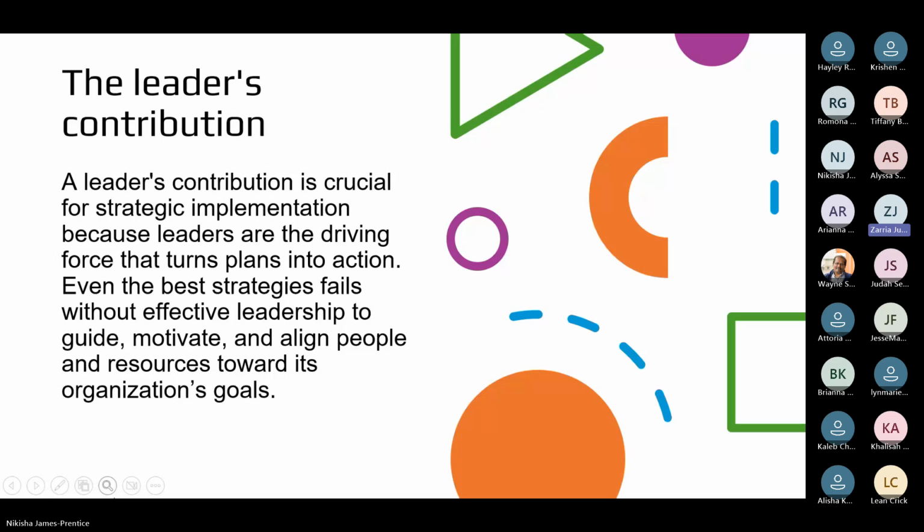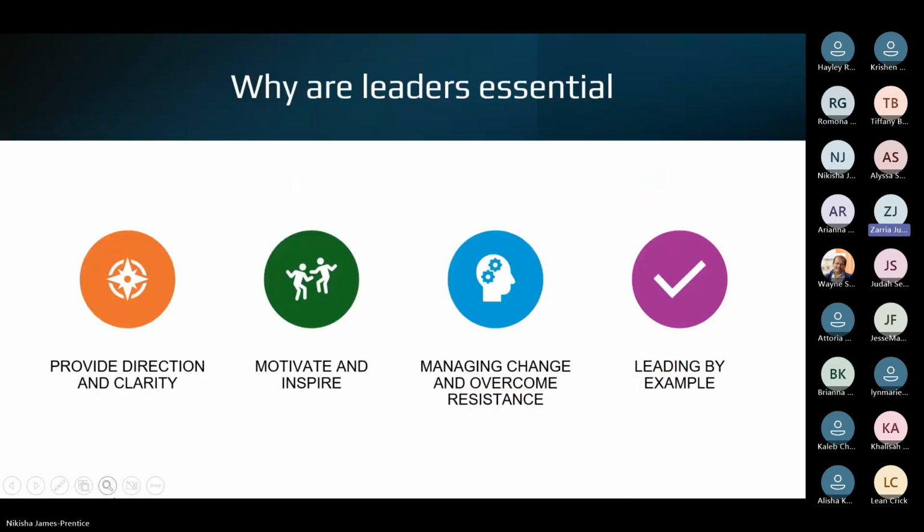Even the best strategy can fail without effective leadership to guide, motivate, and align people and resources towards its overall organizational goals. As leaders are the visionaries of the organization, they are the communicators that translate strategy into clear and actionable goals. Some examples of strategic leadership contribution are people like Steve Jobs and Nelson Mandela.